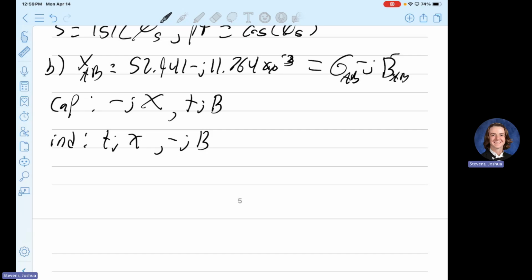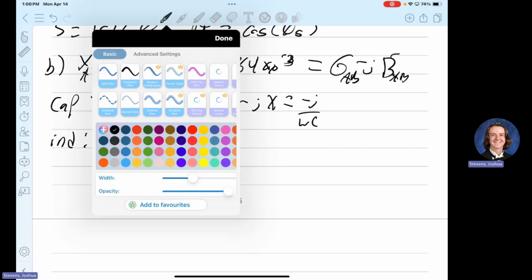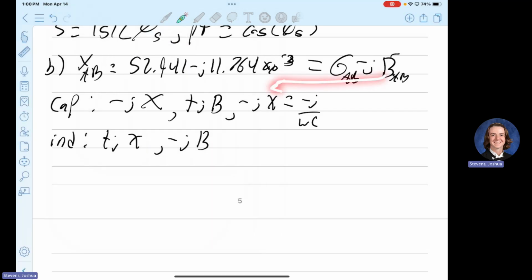Do y'all agree that the reactance equals negative j over omega C? Well, the susceptance is the inverse of that. What's the inverse of this?